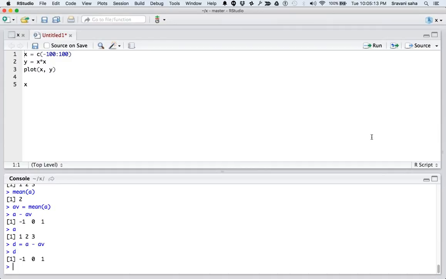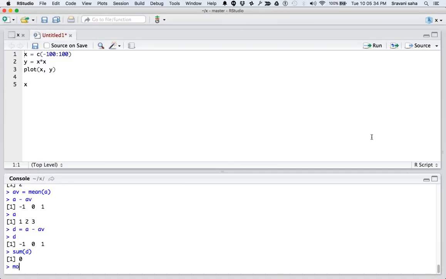Now we got minus 1 and 1. If we sum up this delta, we get 0 because the negative and positive differences have cancelled out each other. Therefore, subtracting and summing did not give us the right result.